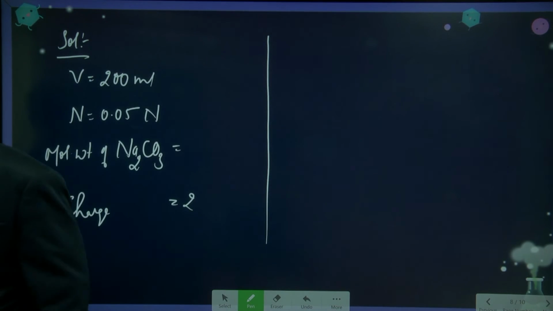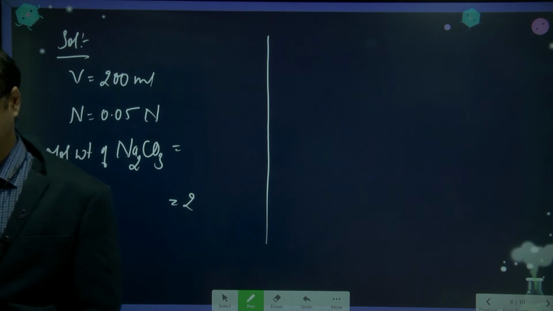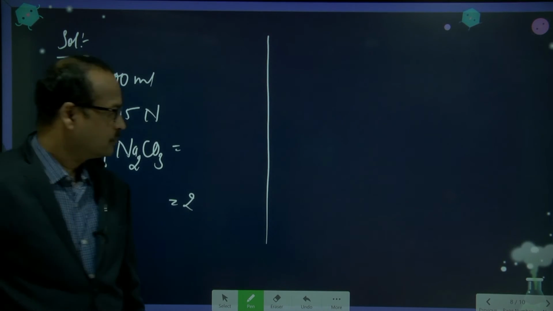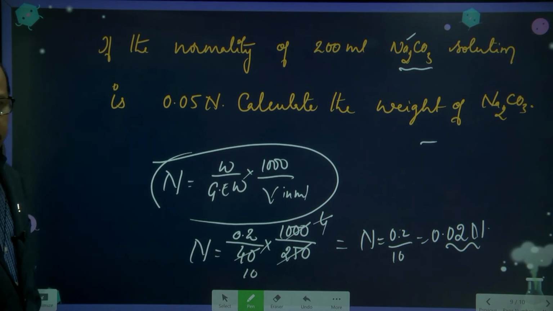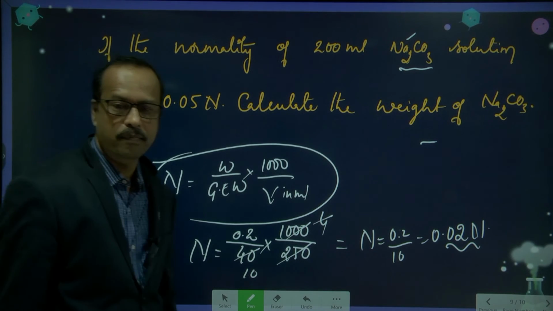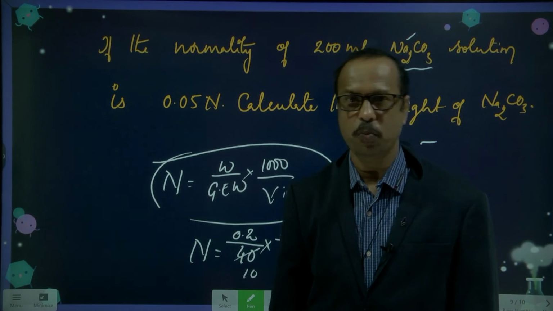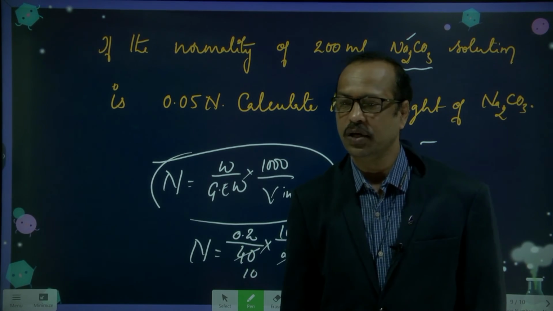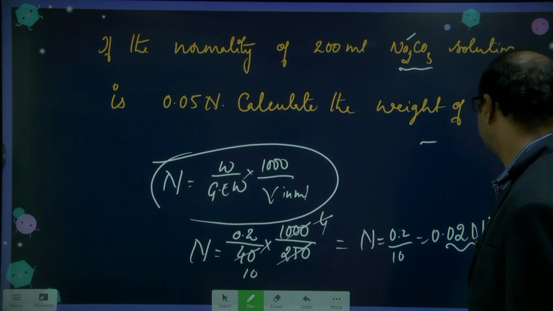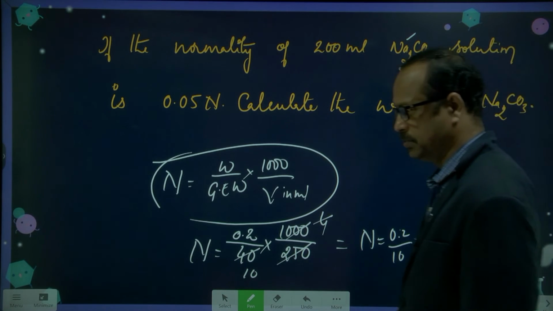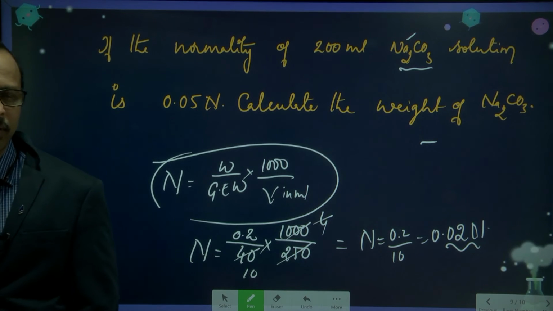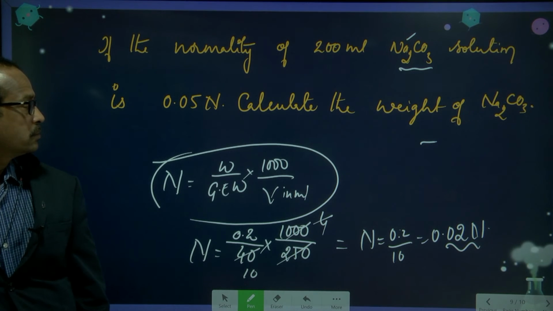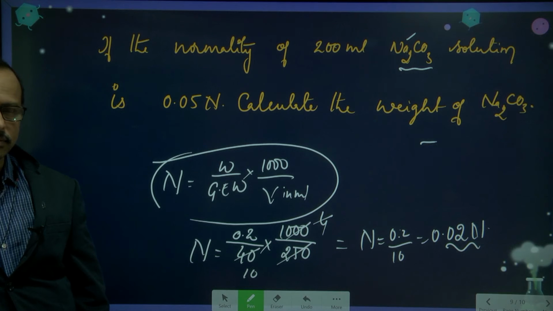So I have written some information. Sir, can you show the question, sir? If the normality of 200 ml sodium carbonate solution is 0.05 normal, calculate the weight of sodium carbonate, Na2CO3.